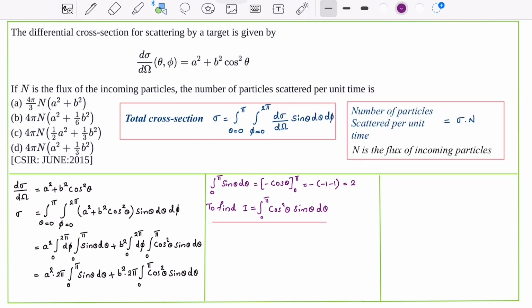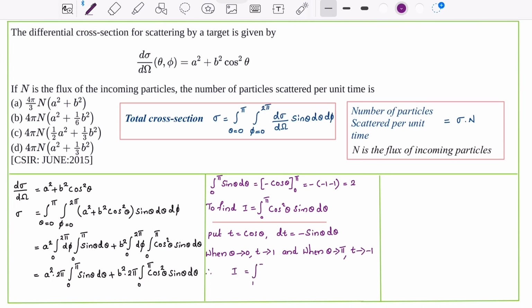Let us evaluate I. For this purpose, put t is equal to cos theta, then dt is equal to minus sin theta d theta. When theta tends to 0, t tends to 1, and when theta tends to pi, t tends to minus 1. Therefore, the limit of integration is from 1 to minus 1.